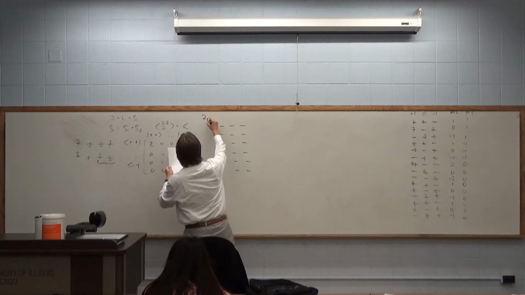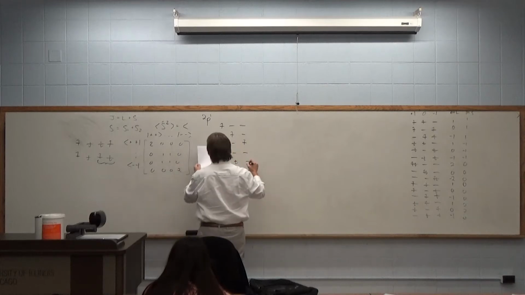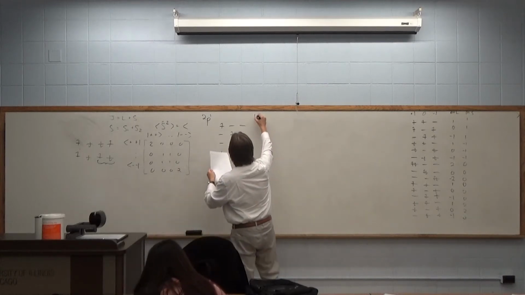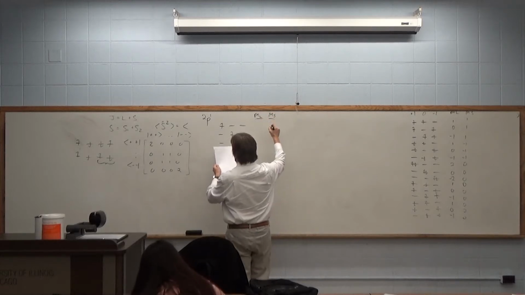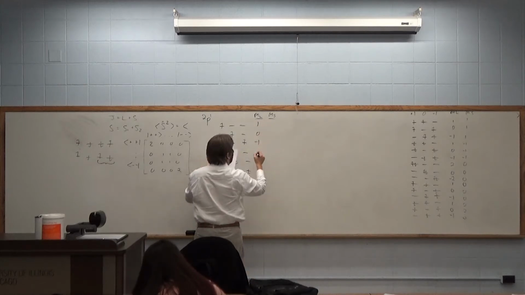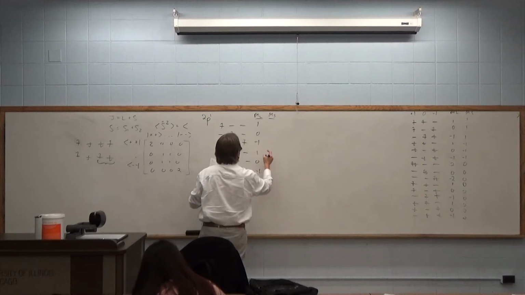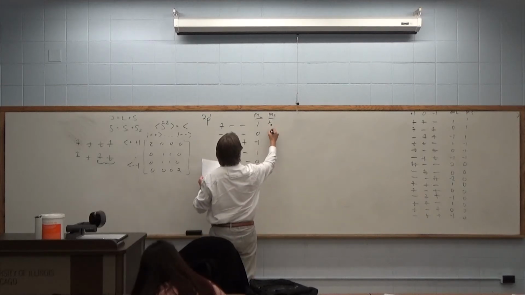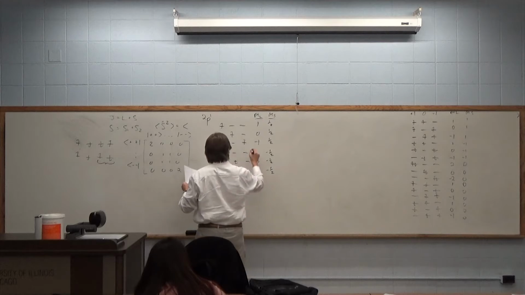For a 2p1 configuration, I've got one electron in three orbitals, and again it's kind of stupid simple. To make this work, you want to track this stuff: m sub L is 1, 0, minus 1, and m sub S is 1/2, 1/2, 1/2, minus 1/2, minus 1/2, minus 1/2.